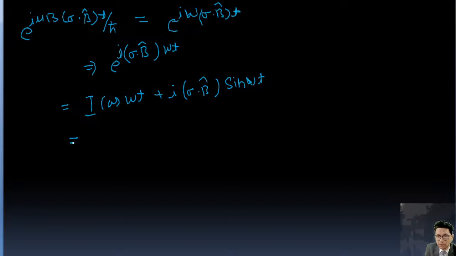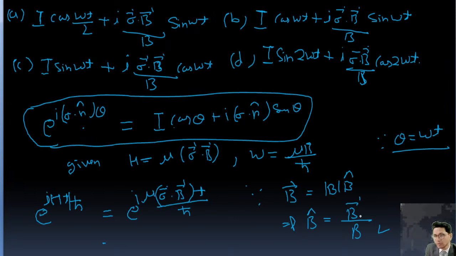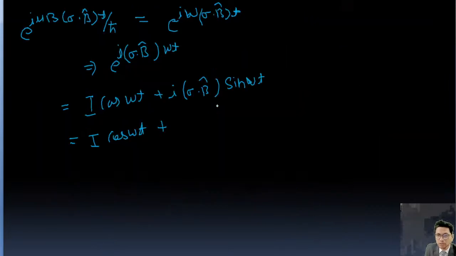So it is going to be now iota cos omega t plus, again we can write value of b cap, vector b upon b, right? So it is going to be iota sigma dot vector b upon b into sine omega t.